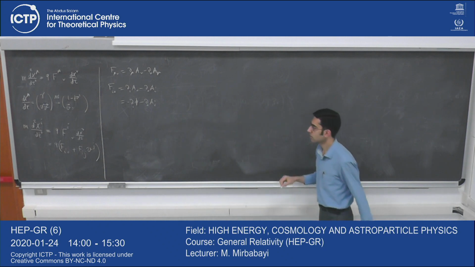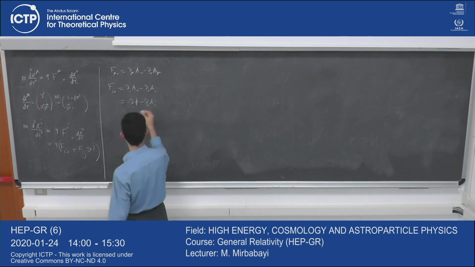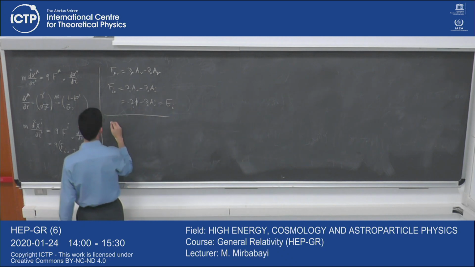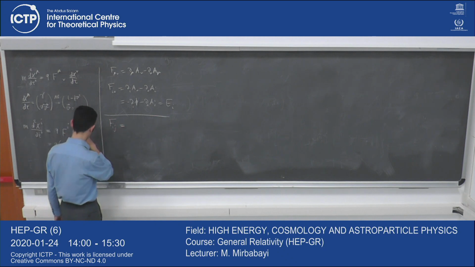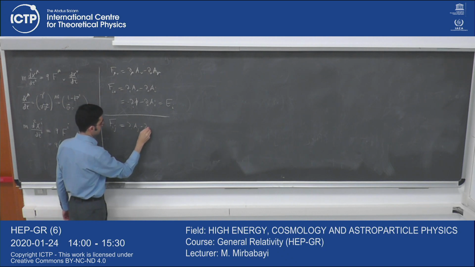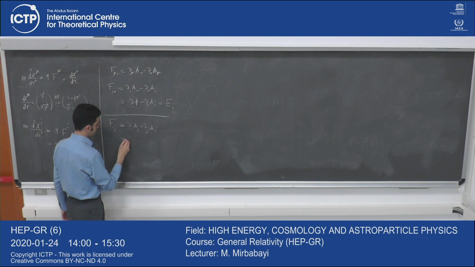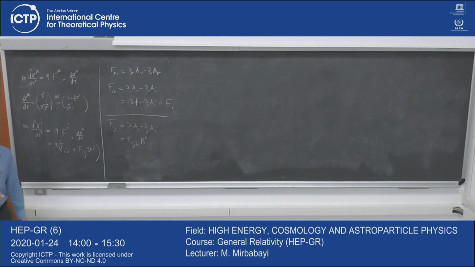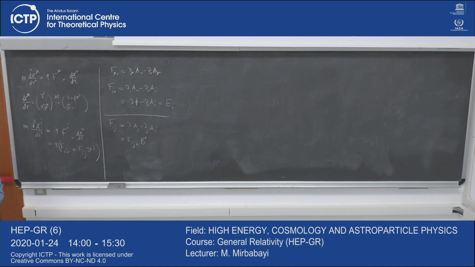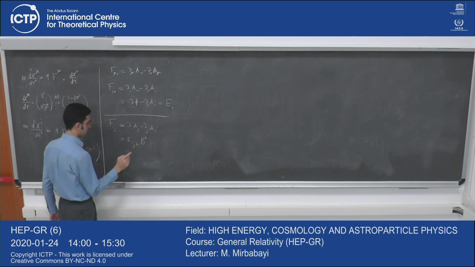So we get this expression for F i0, and this is nothing but the electric field E i. And if I look at F ij, which is d i A j minus d j A i, this is epsilon ijk times B k. You can verify it by looking at the xy component of this object and see that that gives you the correct expression for the magnetic field in the z direction.